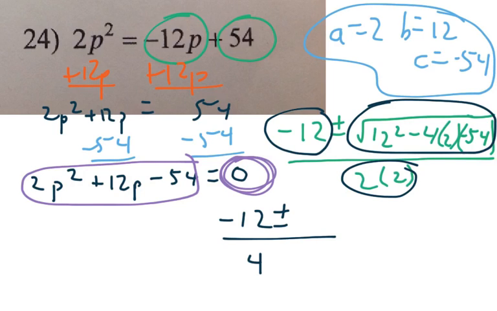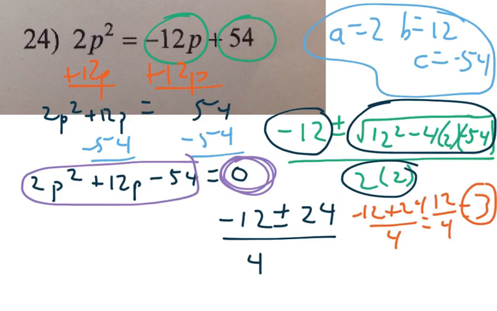Okay, well, since I know that's 24, can't I just simply take negative 12 plus 24 divided by 4, which of course is 12 divided by 4, which is 3? 3, correct?